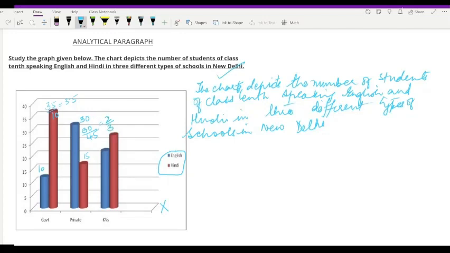We have established a ratio, and this is the ratio of English speaking students. In the same manner, we have to establish a relationship between the English and the Hindi speaking students in the KVs. So this is what we have to mention over here, and I will just show you how we can write the details in the second paragraph.